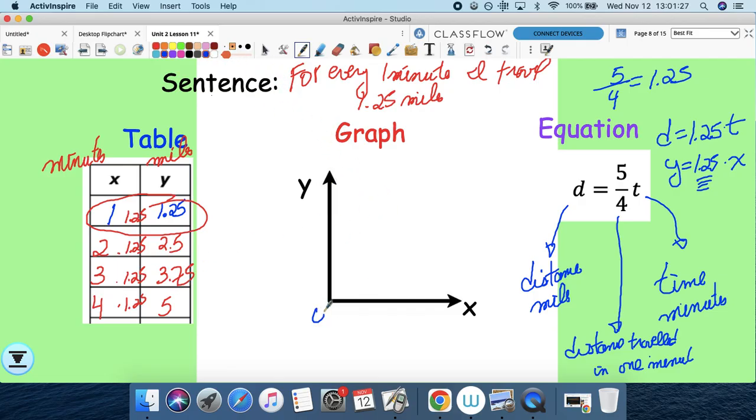So 0, 1, 2, 3, 4, etc. So 1 minute, I go 1.25 miles. 2 minutes, I go 2.5 miles. 3 minutes, I go 3.75. And 4 minutes, I go 5 miles. Here are my points. Should I connect the dots?